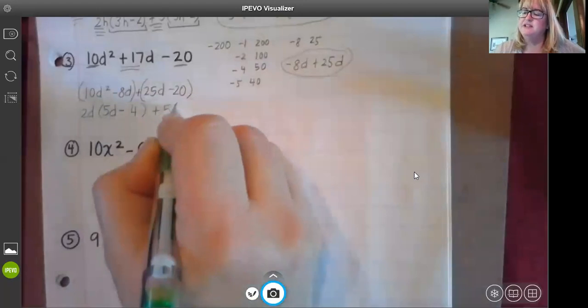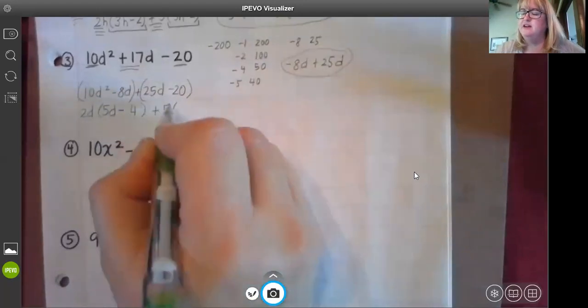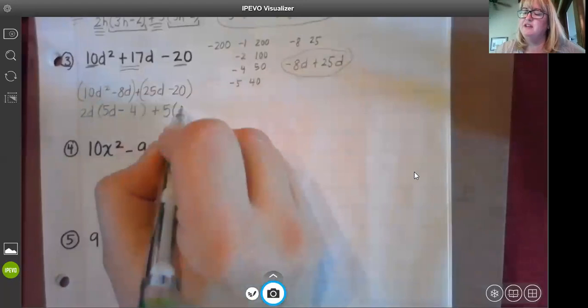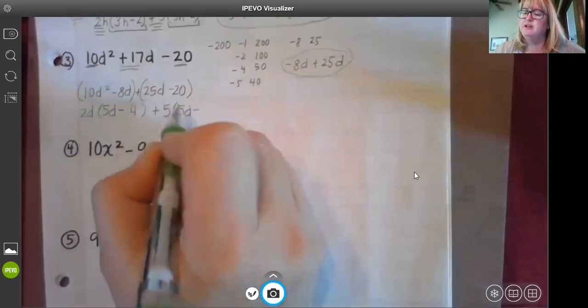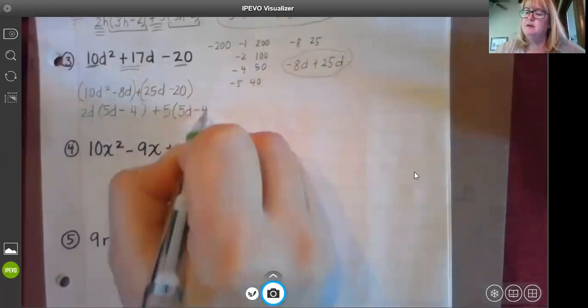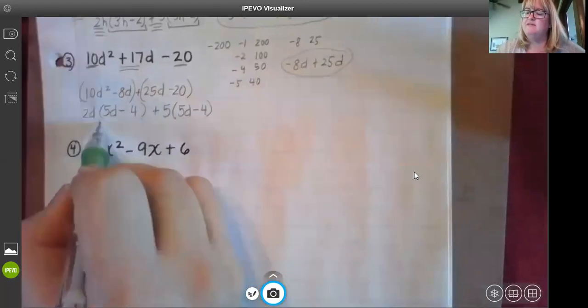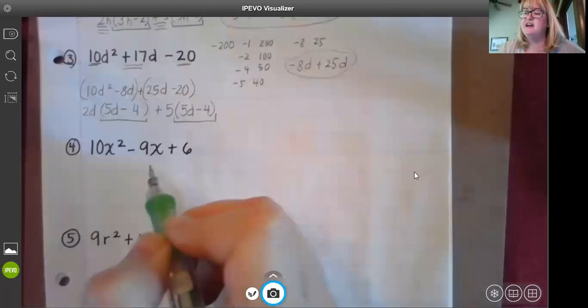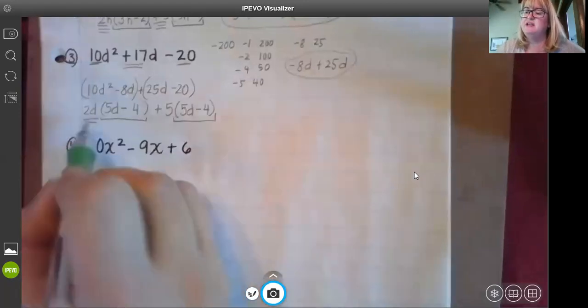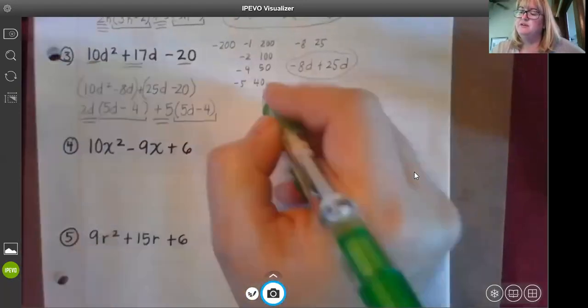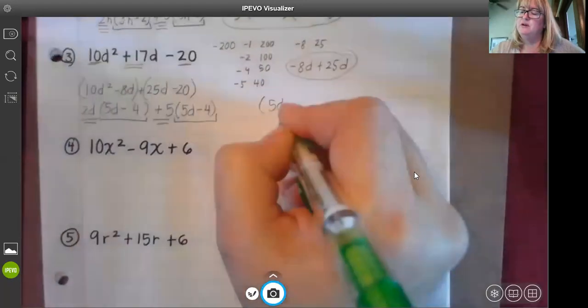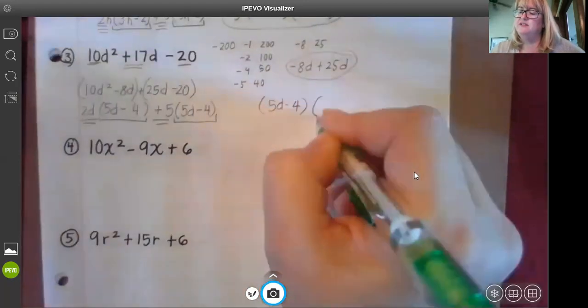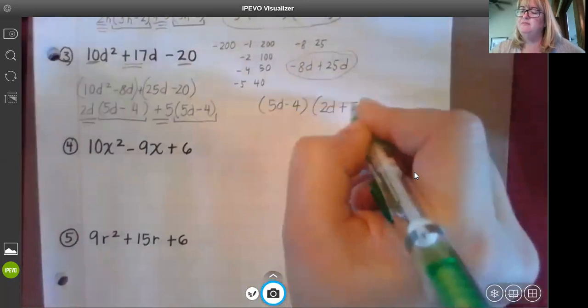And if you divide 25D by 5, you get 5D, minus 20 divided by 5 is 4. All right, we have 5D minus 4, a common factor in both terms. So I can factor that out, and that leaves 2D plus 5. So 5D minus 4, when it's factored out, what's left is 2D plus 5.